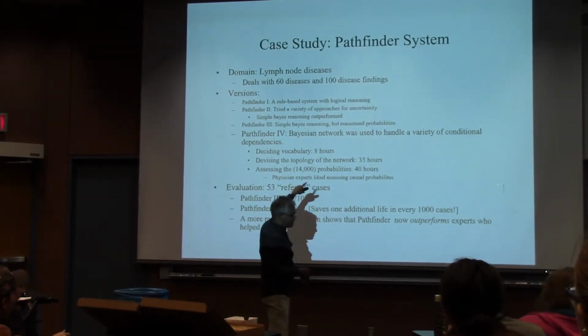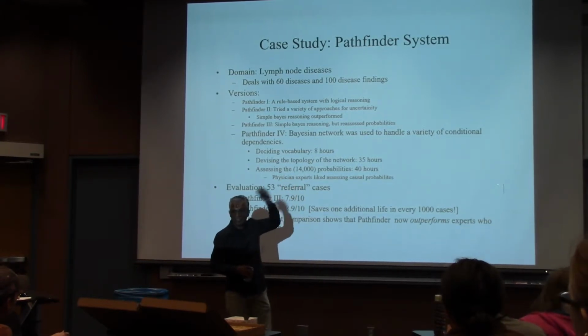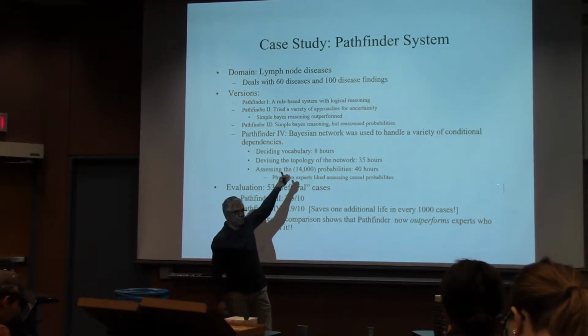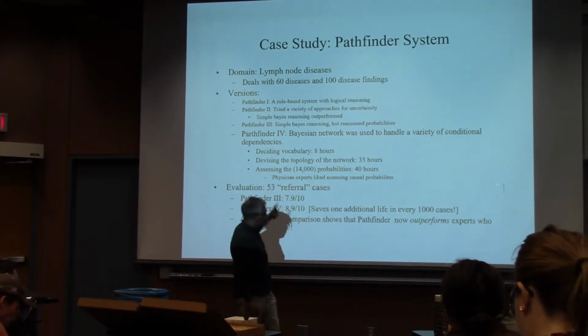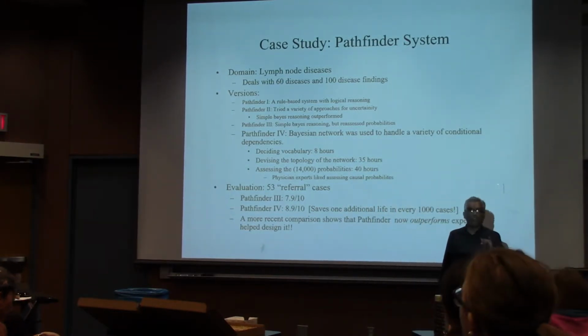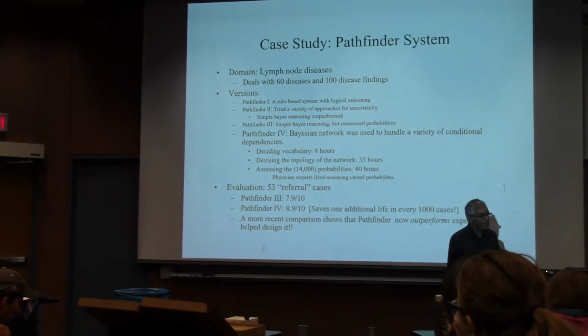By the way, in the old days, the way Bayesian reasoning originally started was with medical expert systems, and one of them is Pathfinder. If you read about it carefully, they had multiple versions. In the beginning, the version was just logic. Then they threw in certainty factors. Then they finally threw in Bayes networks.